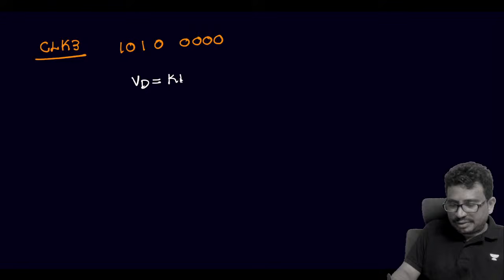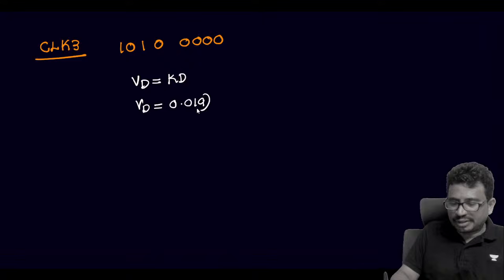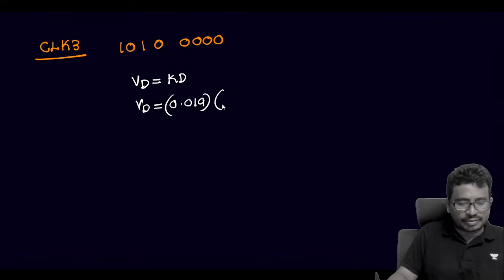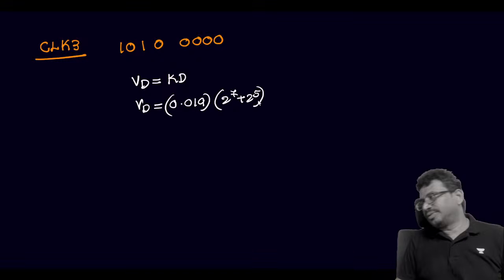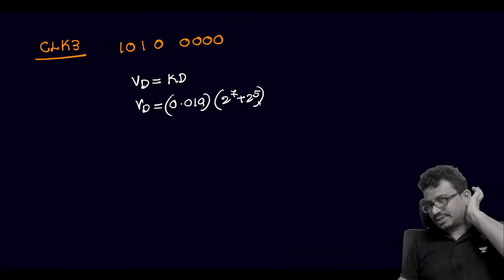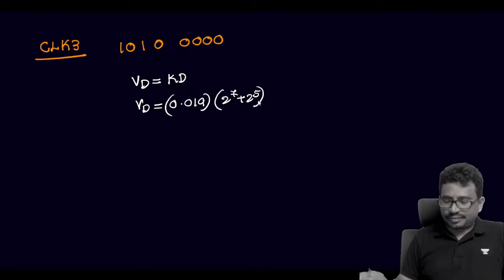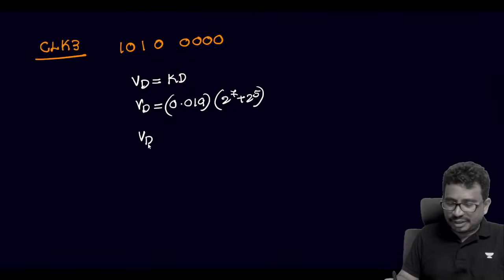K into D, so this value VD will come to be K value 0.019 into this value. This is 2 power 7 plus 2 power 5, so 128 plus 32. How much will this VD value come? That is 3.04.